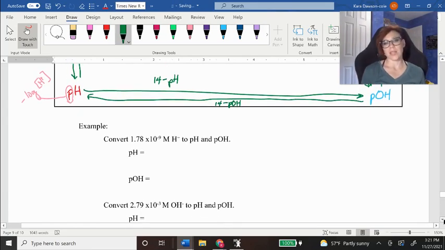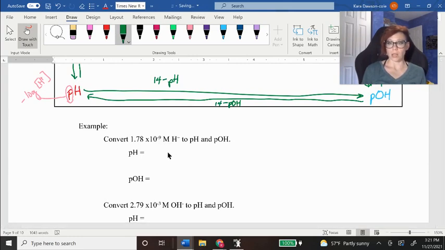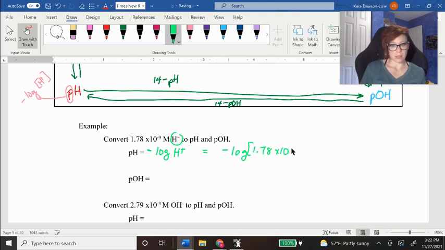It says 1.78 times 10 to the minus 9 molar H plus to pH and pOH. So pH is equal to the negative log of the H plus concentration, which equals the negative log of 1.78 times 10 to the minus 9 molar.